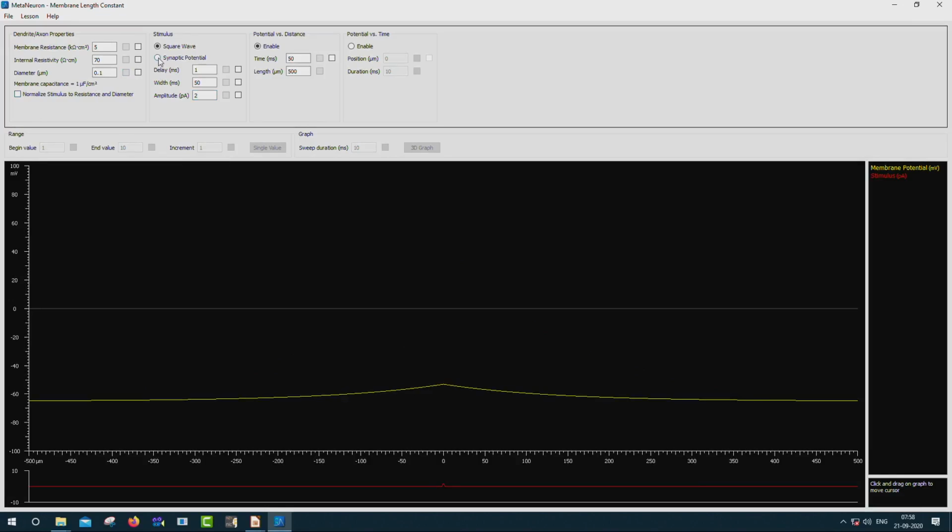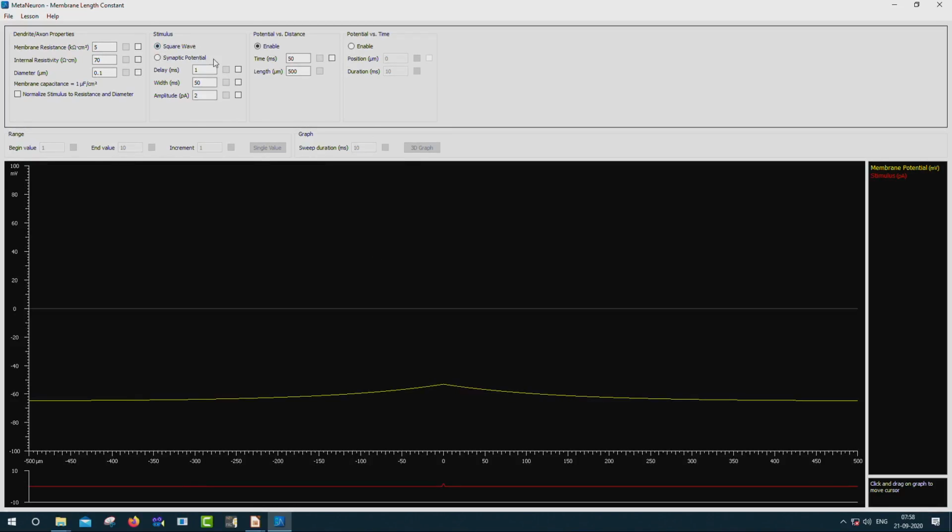So we go to a synaptic potential, which is not a square wave, but more of what we encounter in the real state. So this is what it looks like, not that much different. Now we go back to the square wave.